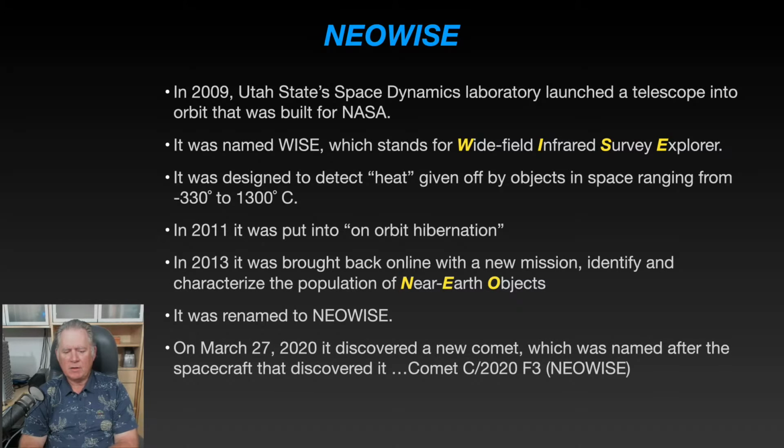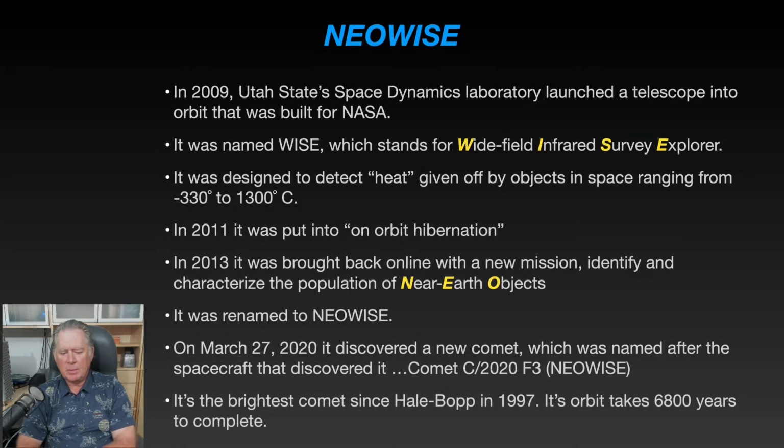And on the 27th of March 2020, it discovered a new comet, which was named after the spacecraft that discovered it. Normally comets are named after those who discover them. For example, Hale-Bopp back in '97 was named after two astronomers who discovered it basically simultaneously. So that's where the name Neowise comes from.